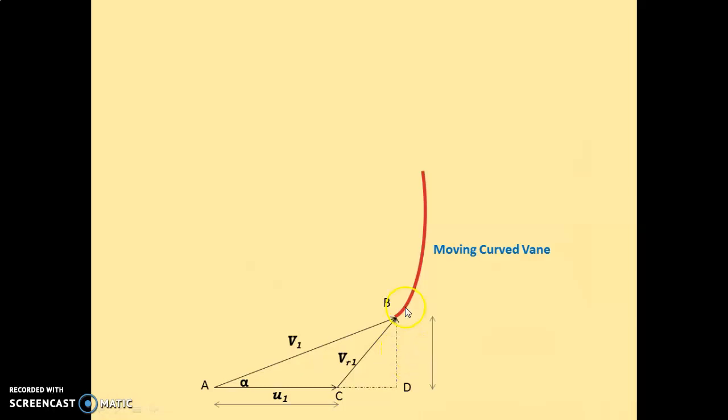Okay. BD represents Vf1, that is velocity of flow, and AD represents the velocity of whirl at the inlet. We have discussed this in lecture number 9 itself, when we were drawing inlet triangle and outlet velocity triangle. Okay. Now this angle is theta.